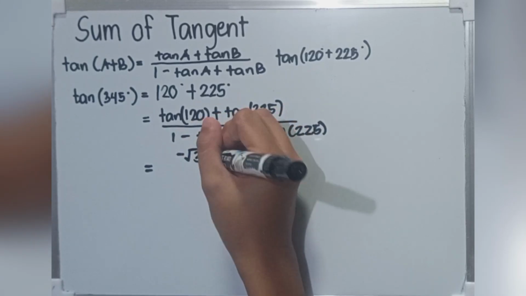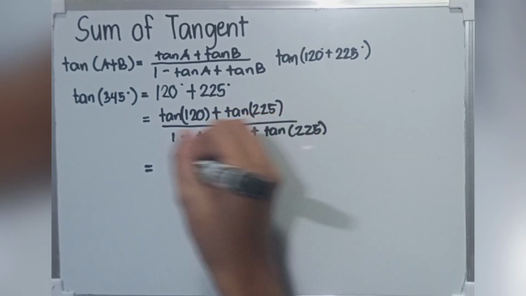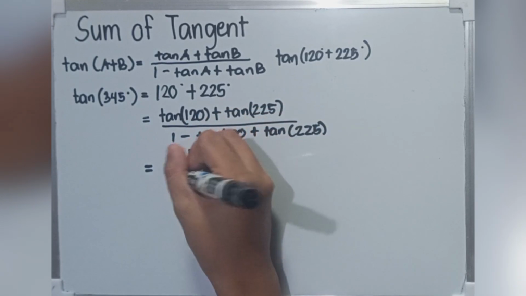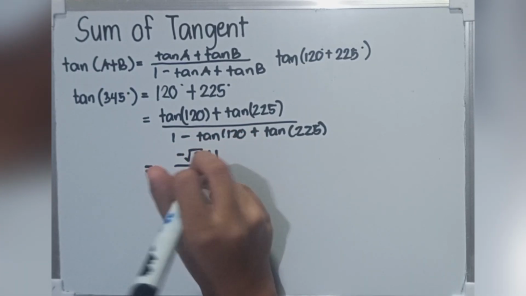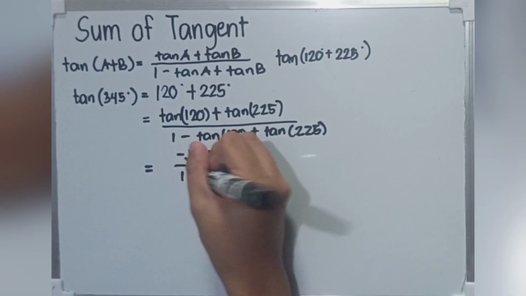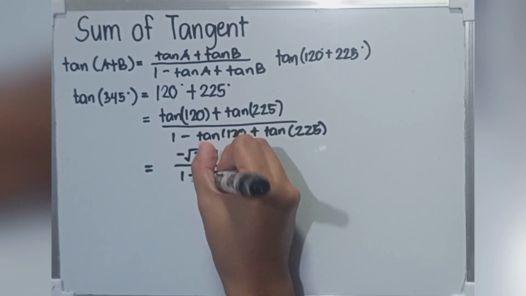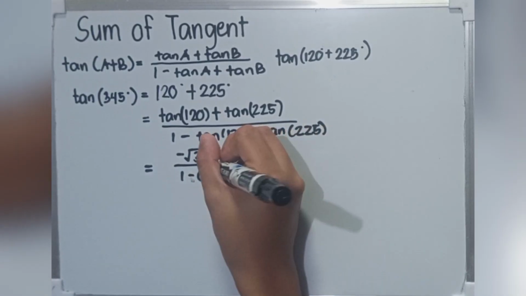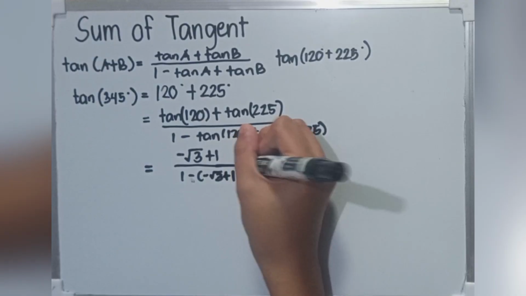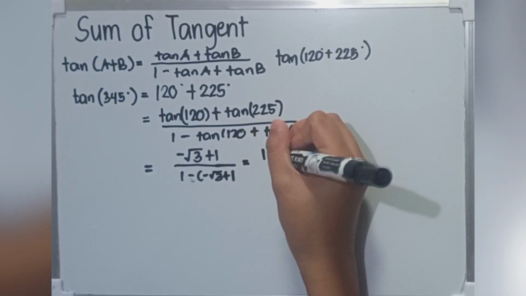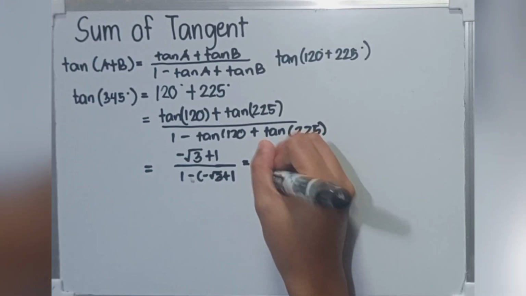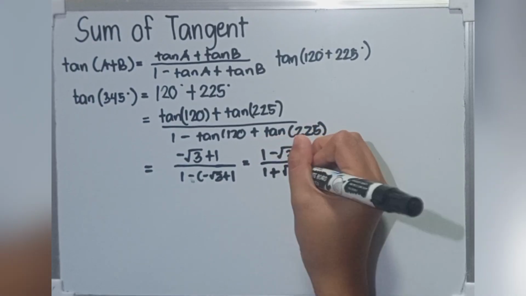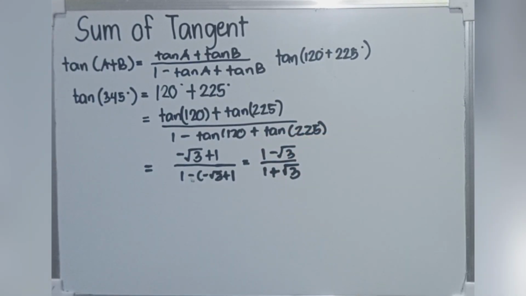So tan 120 is negative square root of 3 and tan 225 is positive 1. So then let's copy at the bottom. So this equation was the same as 1 minus square root of 3 over 1 plus square root of 3.